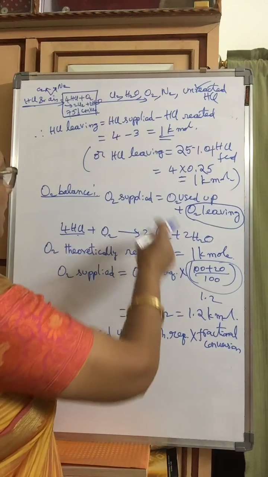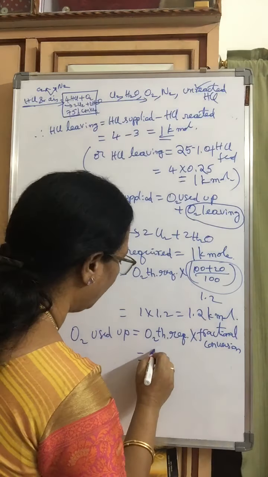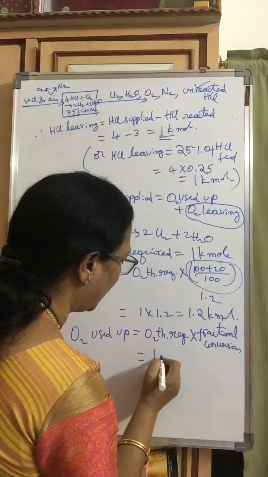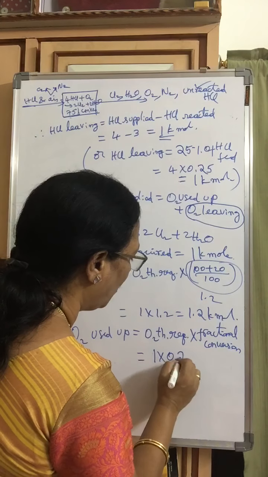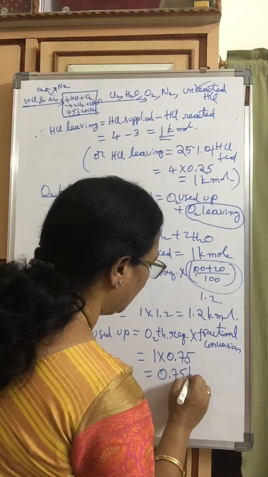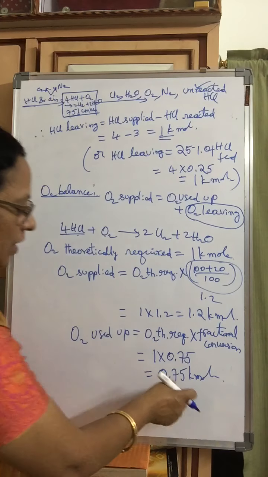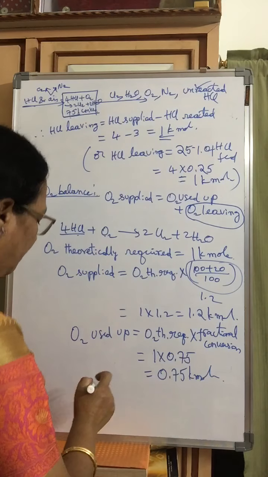But the reaction is only 75% complete, so 1 full mole will not be reacted. It is 1 into 0.75, that is 0.75 kilomoles. Only this much oxygen will be used because of only 75% conversion.